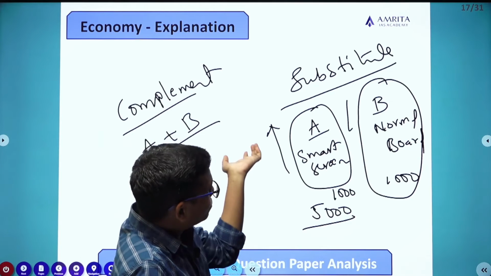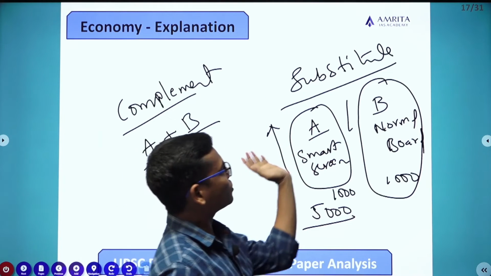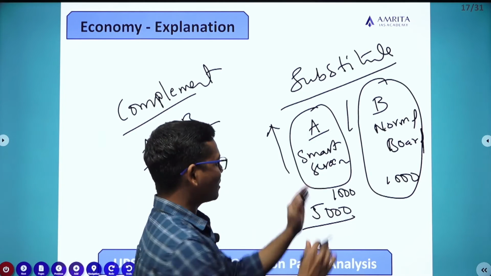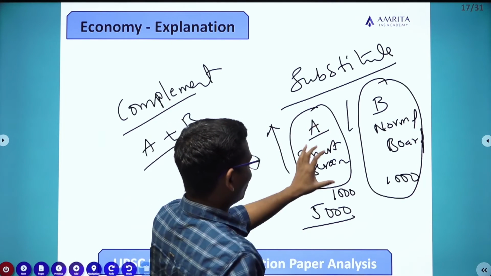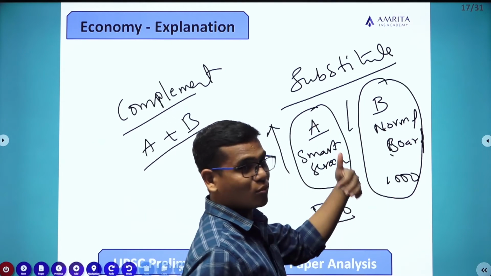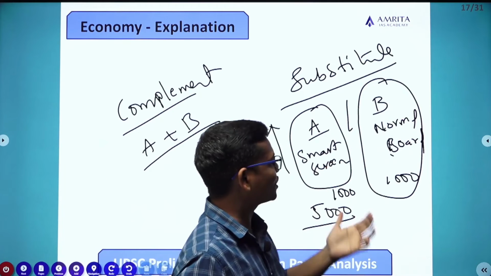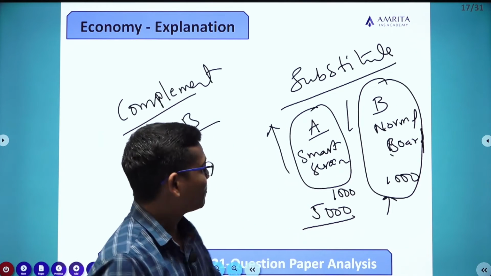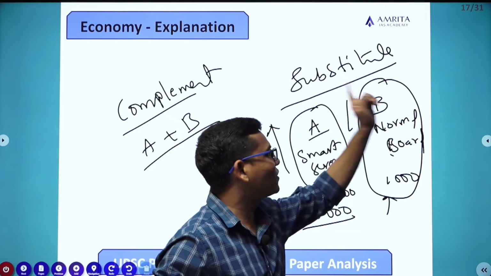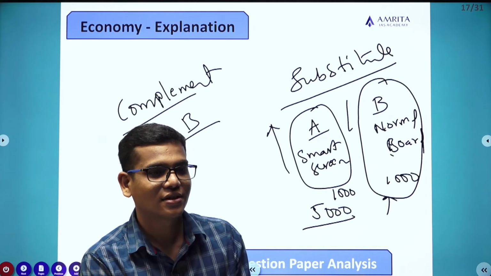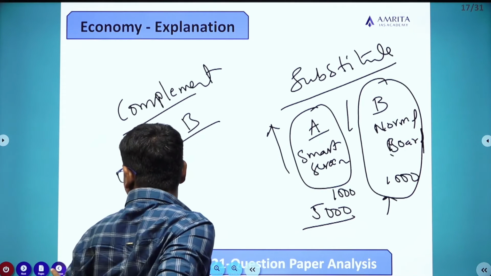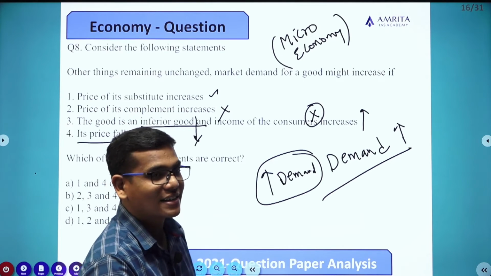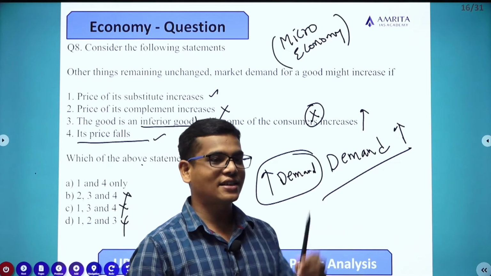The earlier users of the substitute product will also shift to this, so there are more people aspiring for this product, and the demand for this product increases. So if the price of the substitute increases, the demand for the product increases. That is why the first statement is correct.